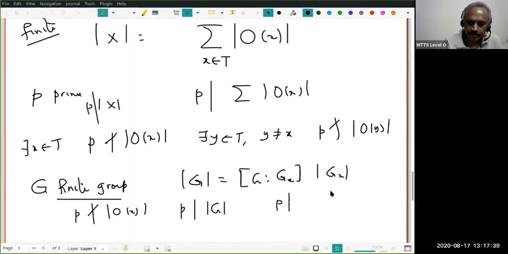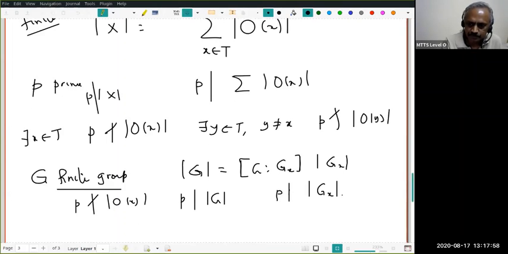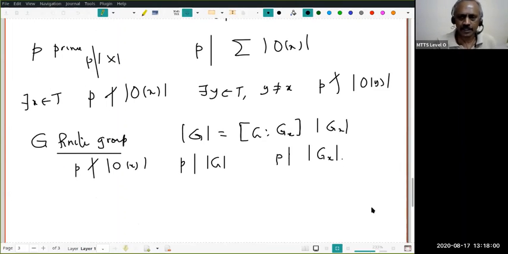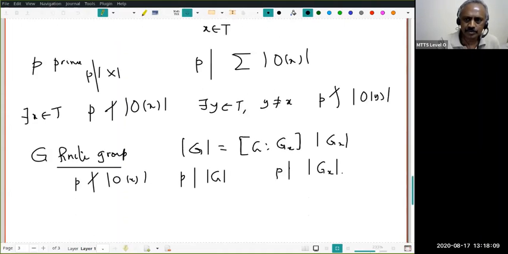Yes, this is the index, G is to H times H. I'm sorry, I wrote it wrongly. So P does not divide the order of the orbit, but P divides mod G, and P is a prime. Therefore, P must divide the order of the stabilizer group. This is just playing with it, but keep that in mind. When we want to use it, you will immediately understand why we observed this. This is just an observation.